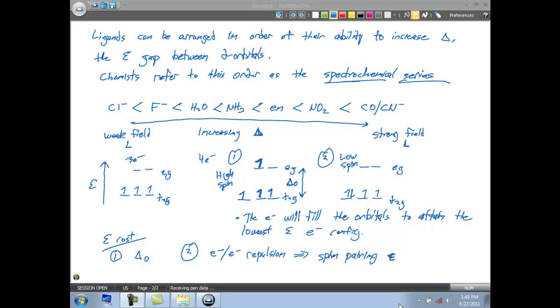And the reason we use this nomenclature is for the following. If you remember back to chapter 6 of the textbook, we talked about sets of quantum numbers to describe each of our electrons. And there's a bunch of quantum numbers, but the very last one was the spin quantum number.